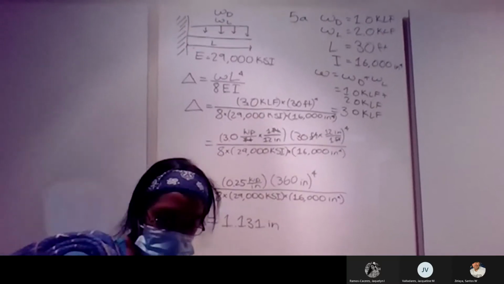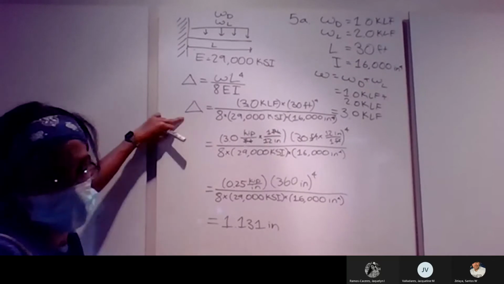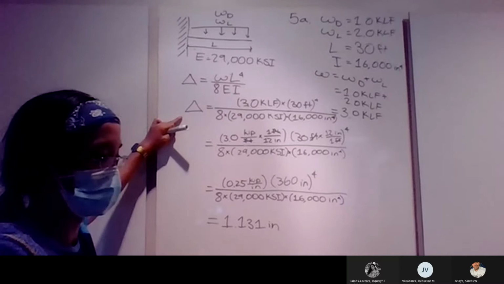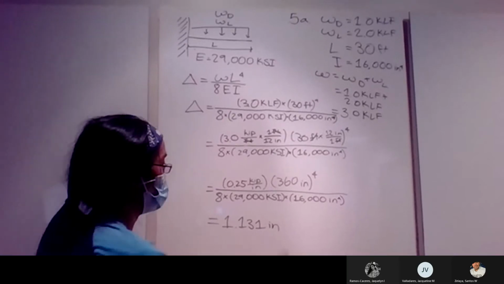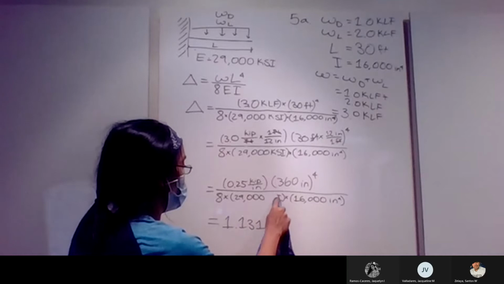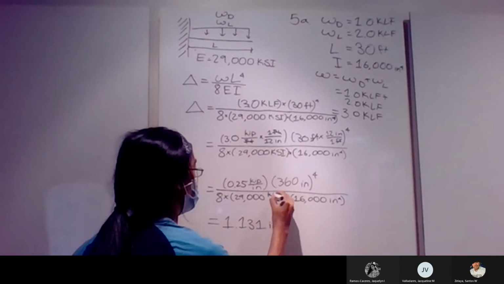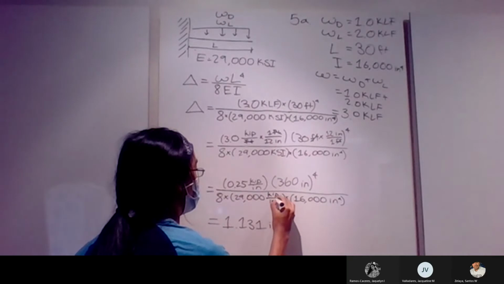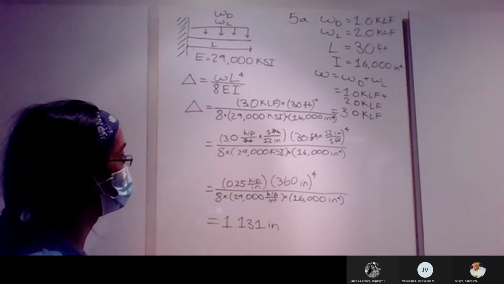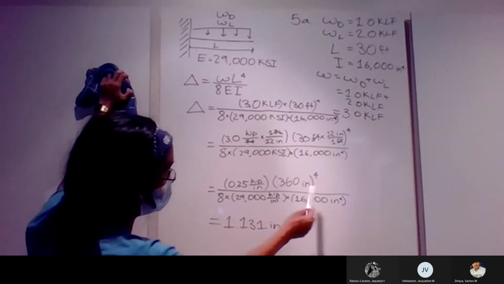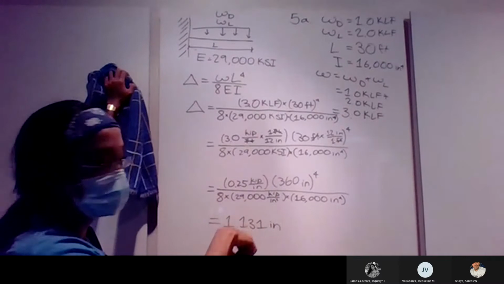So inches. If you didn't know we would come to inches, well, first of all, deflection is going to be a unit of length. So 1 unit of inches. But if we turn this KSI into a more visual form, kips per inches squared, you see these inches to the 4th, inches to the 4th, these will cancel out.